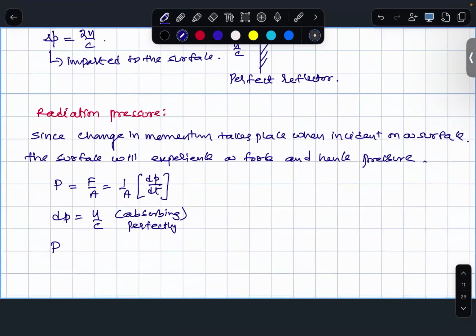Therefore, pressure, remember, this is not momentum, pressure is 1 by A times U by C dt.